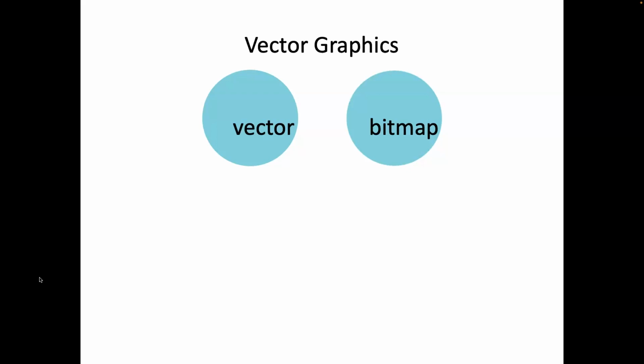That's opposed to a bitmap graphic, in which you define the image by putting pixels on the screen, and whatever you see is just pixels of different colors positioned in a given location. Once we go into Illustrator, you're going to get a more detailed sense of what I mean by all of this.